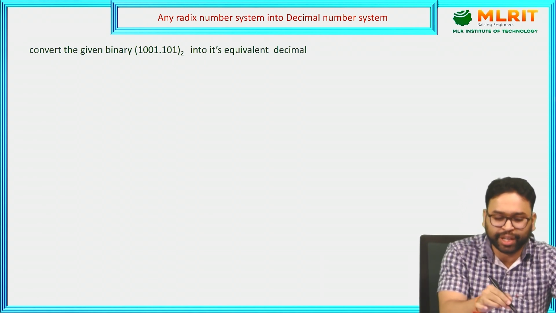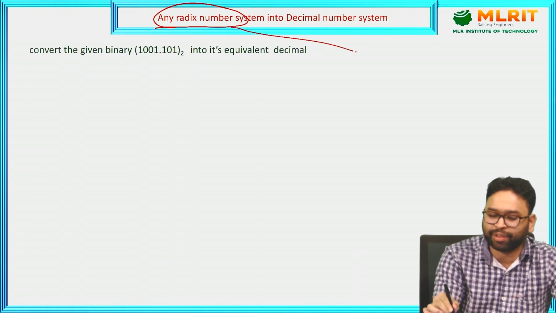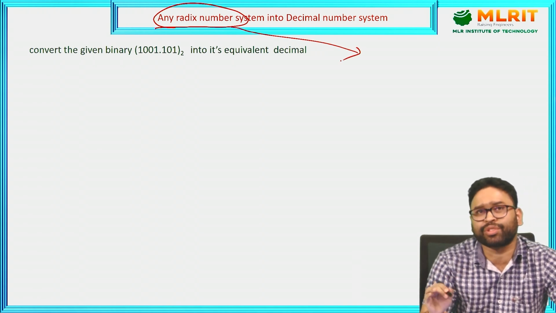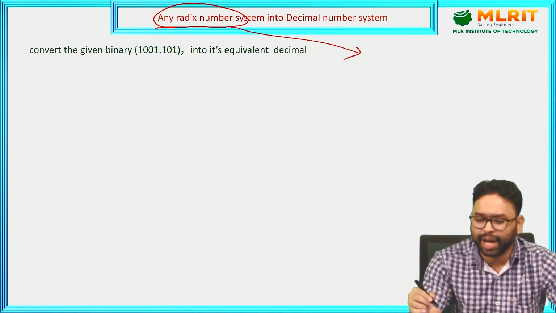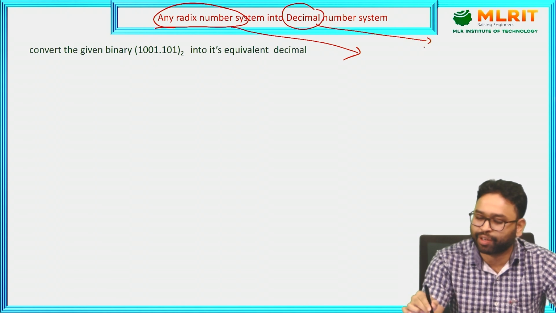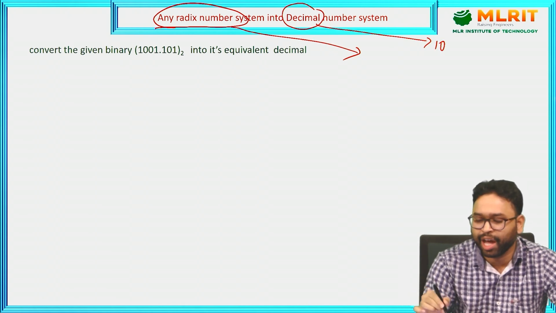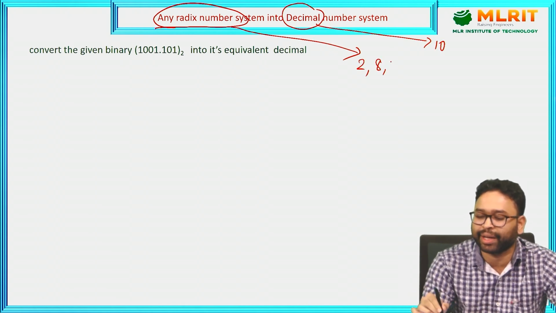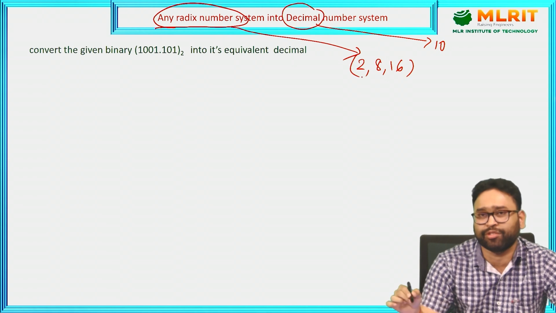What is the meaning of any radix here? I discussed that we are utilizing only 4 types of number systems. Any radix to decimal: decimal itself covers base value 10, and the remaining values are 2, 8 and 16.